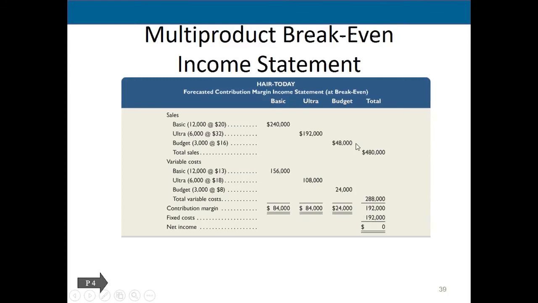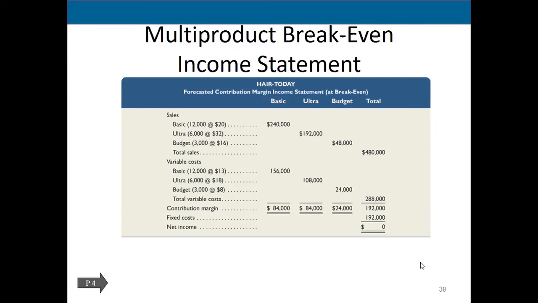Take the whole 480,000 in sales, there it is, minus the 288,000 in variable cost, and that gives us 192,000 contribution margin, and it's exactly what fixed cost is. And that's exactly break even. When contribution margin is equal to fixed cost, we have a net income of 0. So the theory works. The way we did it completely worked it out, and we can prove it right there.